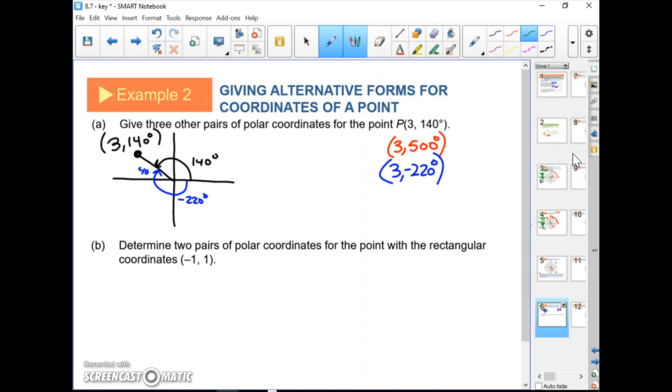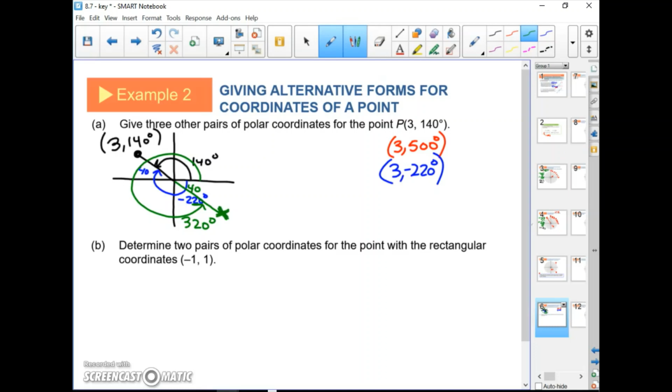Let's see, what else could I do? I guess I could think about kind of the anti-point, I guess, right here. If you go, what would that be? 40-degree reference all the way around except for that 40, that's 320 degrees. If you went around 320 degrees, you'd be at this point.